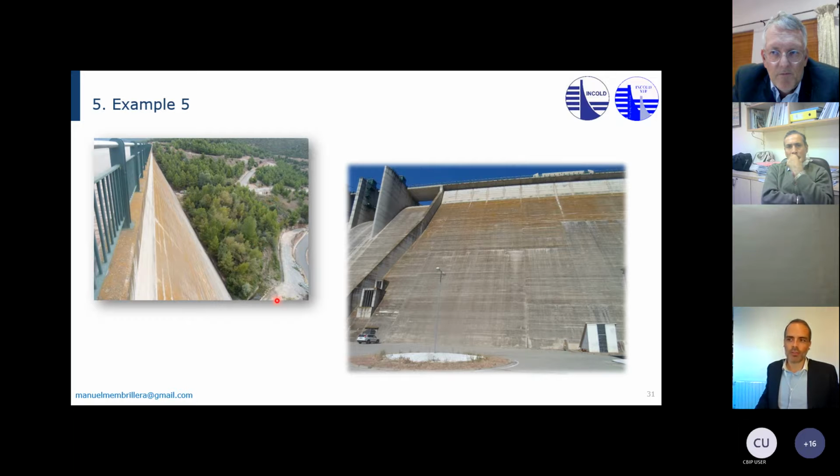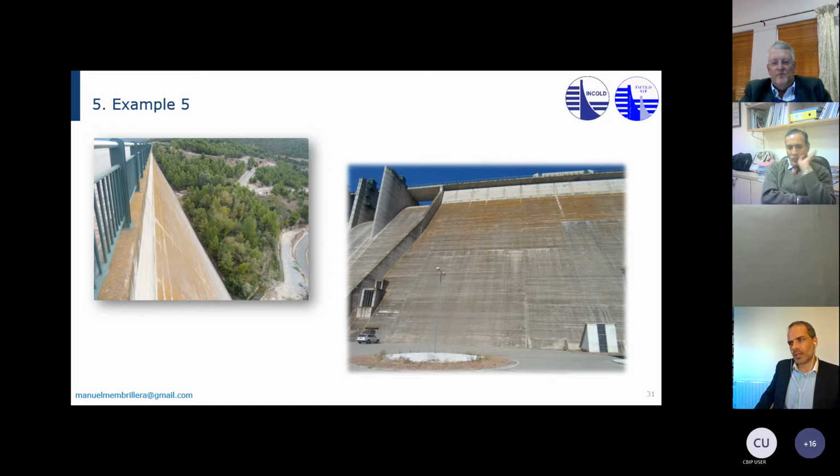So all these water springs here, we couldn't stop them. The only thing is, because of the cementation of this sandstone, there are really no internal erosion or erosion concerns.